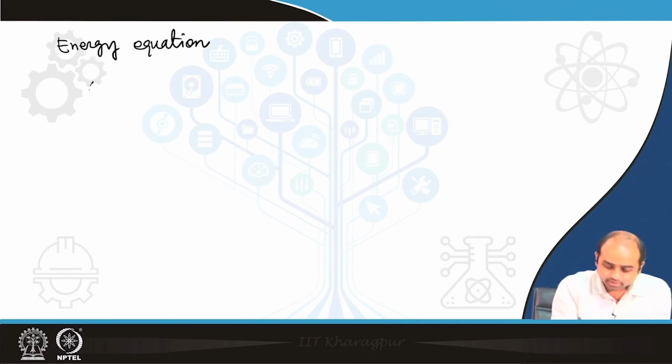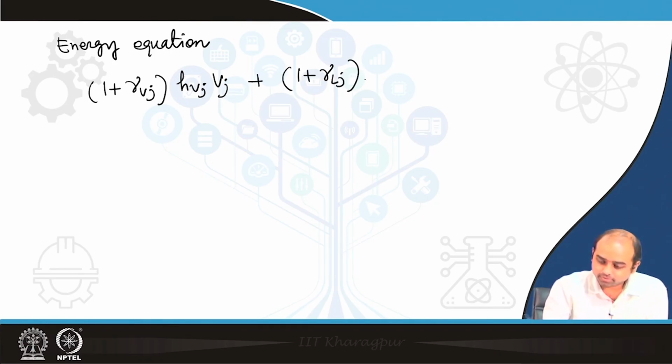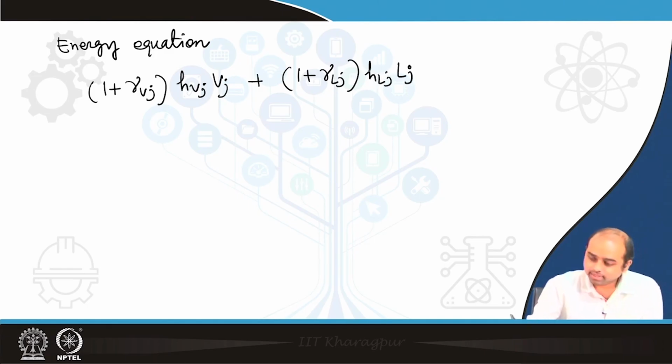So for the energy equation, we use that same gamma form, right? HV j. So this is the energy into the system, right, in the form of the vapor, and this is in the form of the liquid. And then we have energy going out, or the enthalpy going out.